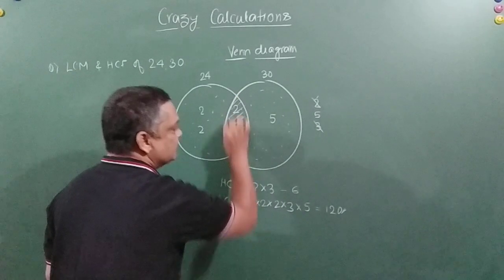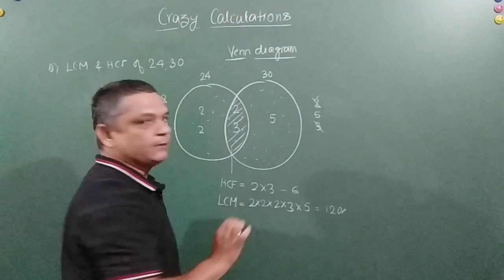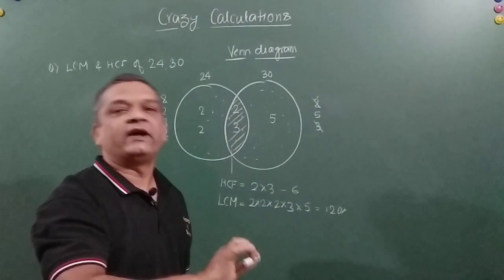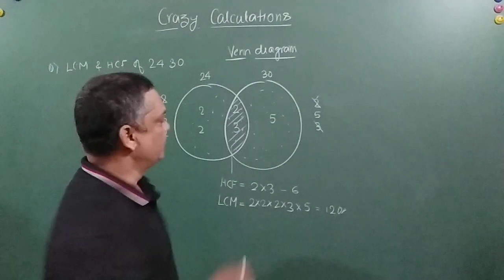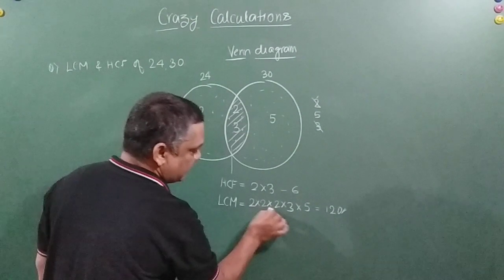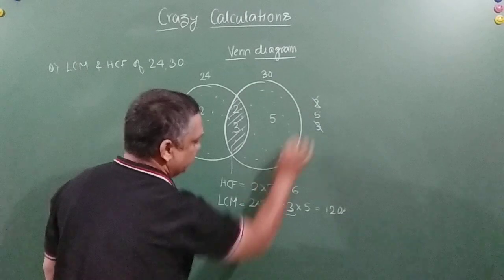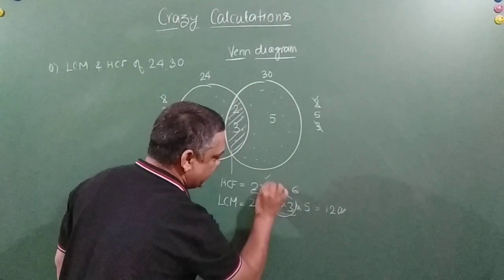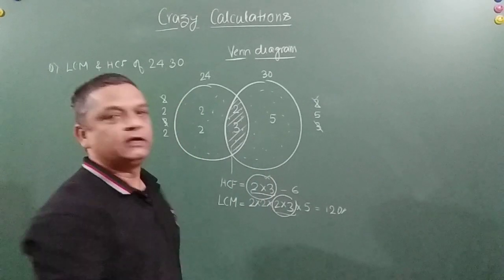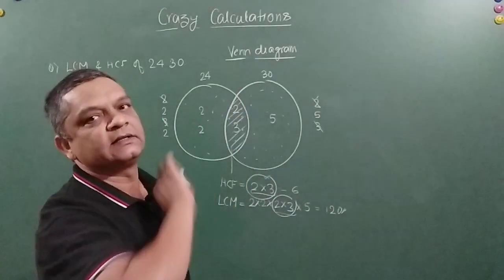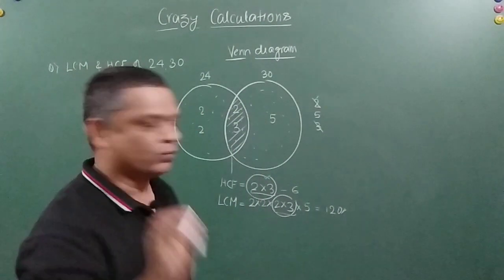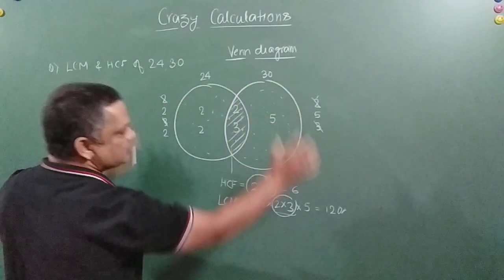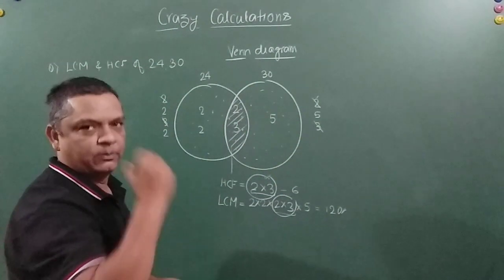This HCF is a part of the LCM, so the HCF should divide the LCM completely, because this 2 and 3 is part of the LCM. You are getting it? That is why the HCF should completely divide the LCM for any two numbers. So friends, this was the pictorial representation for two numbers.